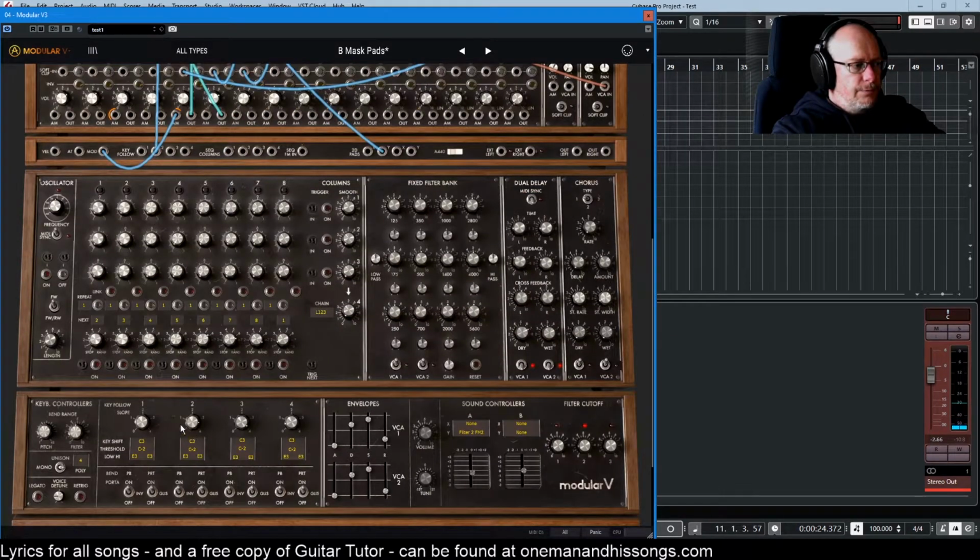If I bring this down, there's the tone. And that's why it's so dull in these low frequencies, because the key follow is set so extreme.